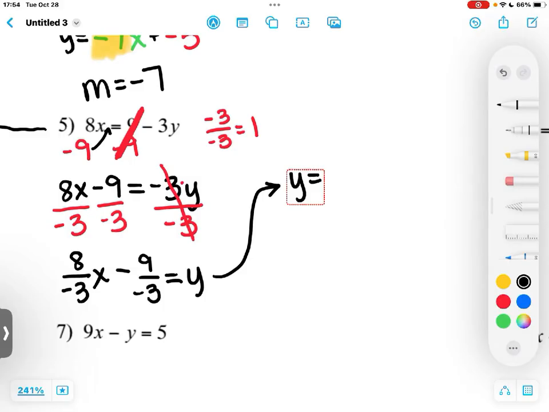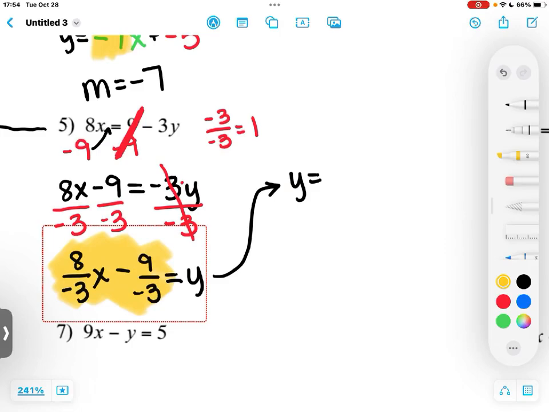After I get y by itself, then I need to start simplifying and finding that slope. I need to find that slope since that's what I'm told to do. That's my instructions. So in finding this slope, I have an 8 over negative 3. We go back to this part of the equation and start simplifying.